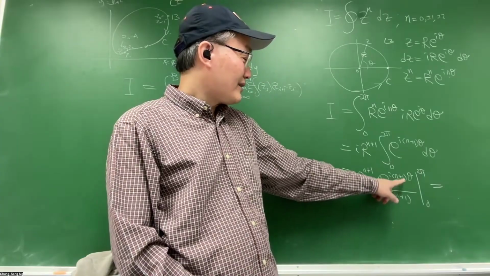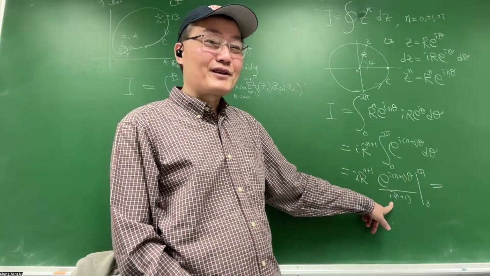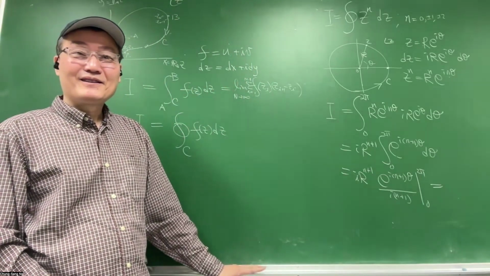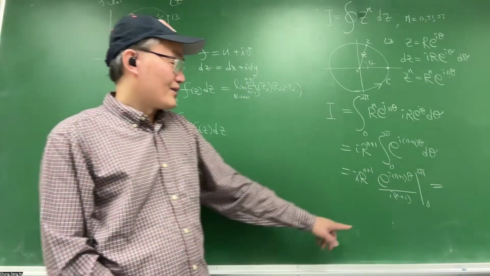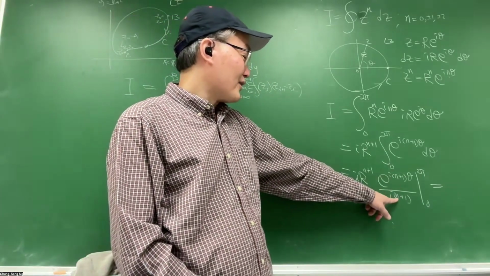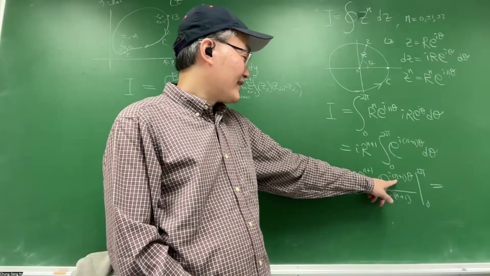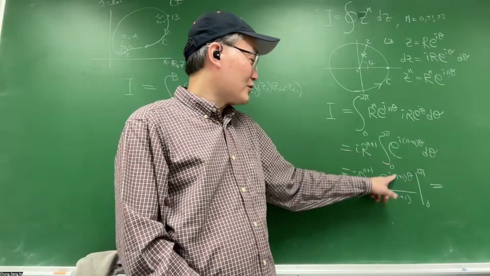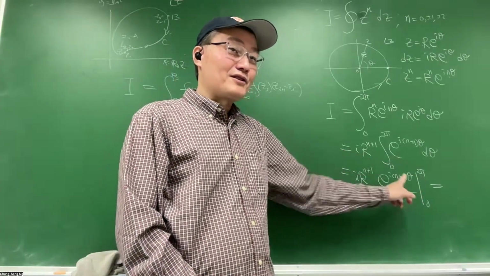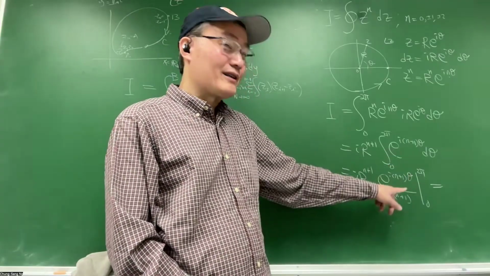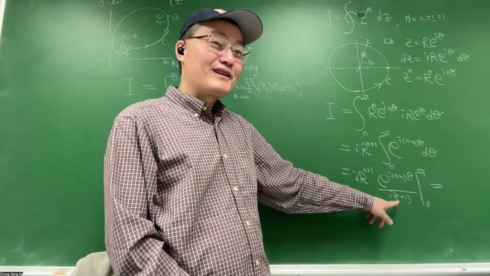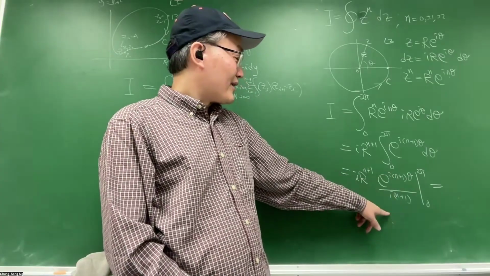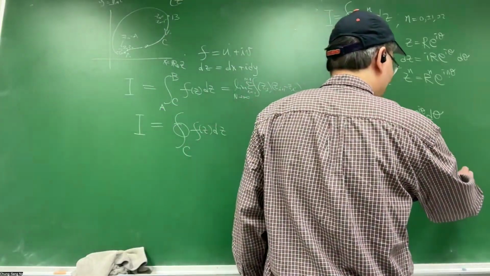Does it depend on n? What about n equals 0? If n is 0, this is just 1, this is e to the i theta. Evaluate e to the i 2 pi minus e to the 0. What is e to the i 2 pi? That is 1, right? How about n equals 1, 2? Also 0. So there will be 0 for some n.